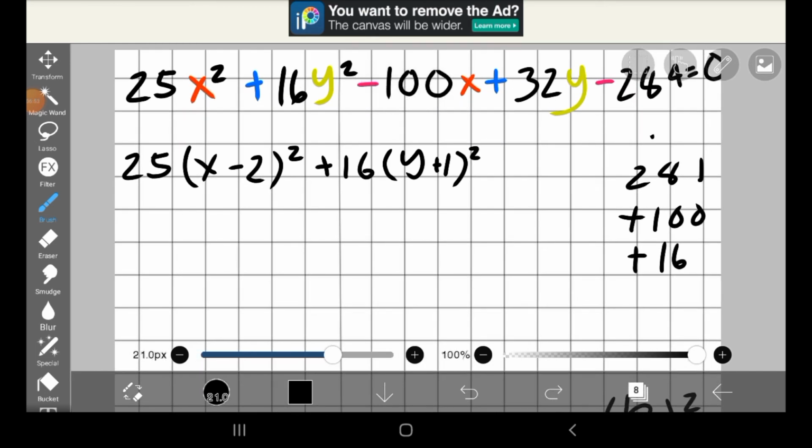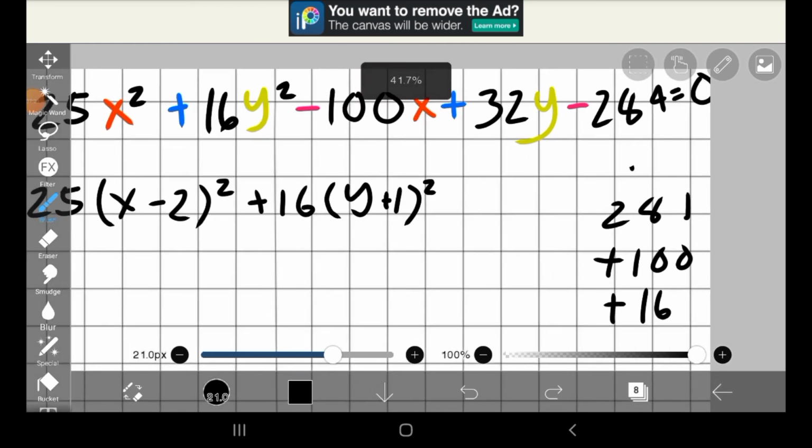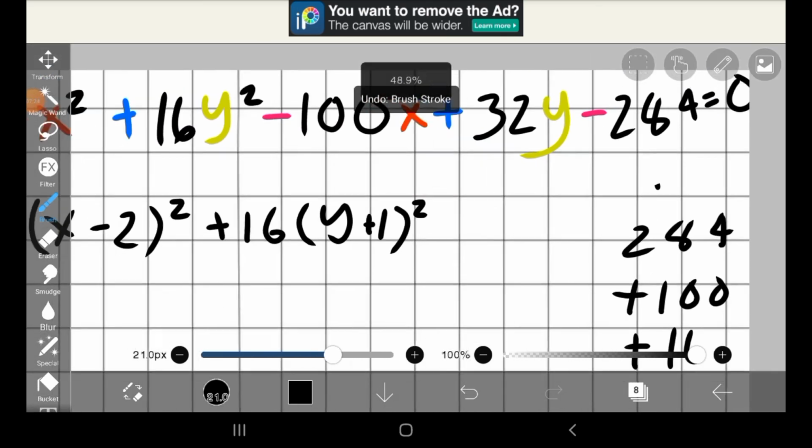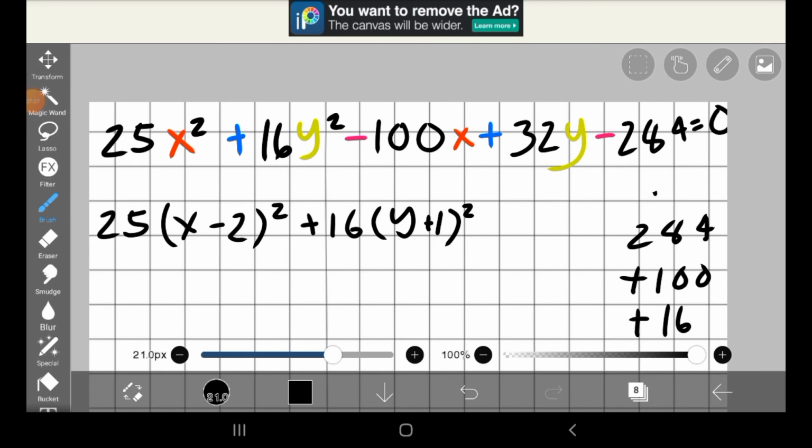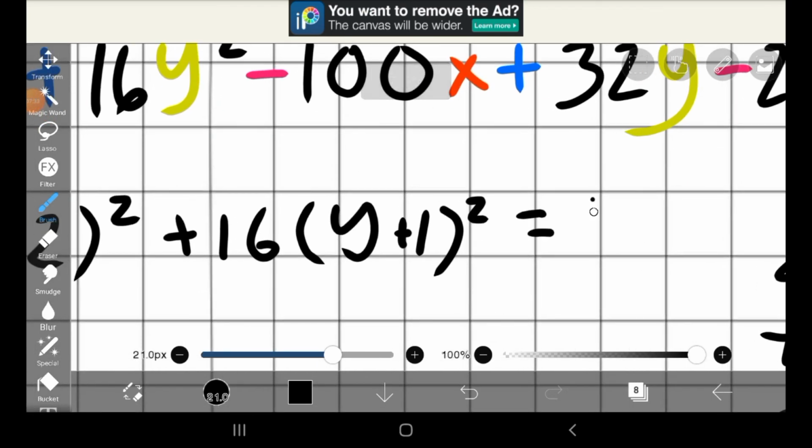Let's use a calculator, I'm too lazy to solve. 284 plus 100 plus 16 is 3... What? Something seems wrong. Oh, it's 84 in the given. My bad. 400. So, equal to 400.